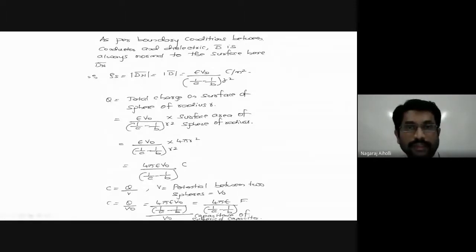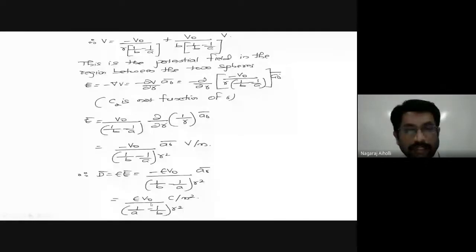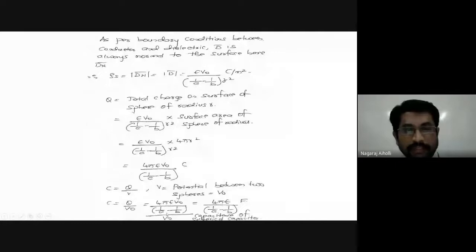This will be equal to, we have obtained the equation for D bar here, epsilon V naught divided by 1 upon A minus 1 by B R square. Write it. Q is the total charge on the surface of the sphere of radius r. So rho s is surface charge density.